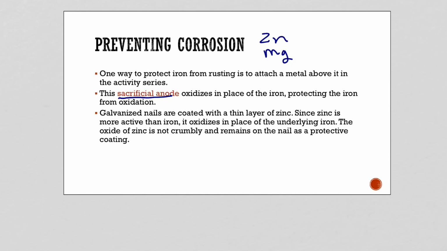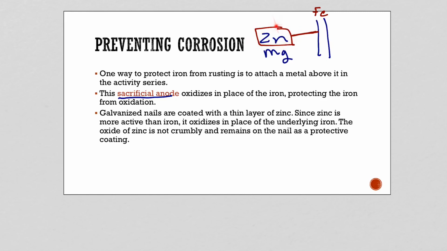But because these metals are easier to oxidize, as long as you attach them, so let's say we have our iron structure here, right? We have our pipe that's made of iron. As long as we take our piece of zinc here, let's say, and we attach it by some sort of wire, something that is electrically conducting, then in any kind of redox chemistry, the easier to oxidize metal is always going to be oxidized first.